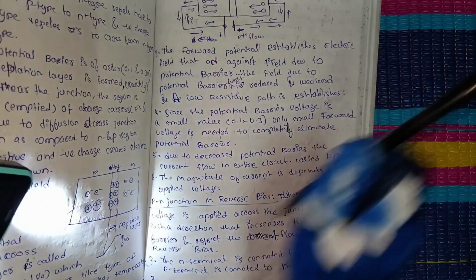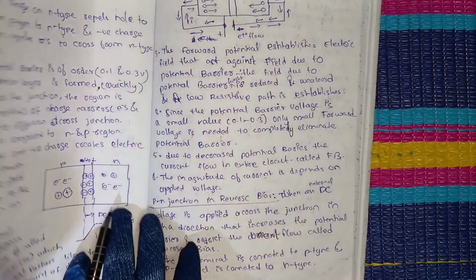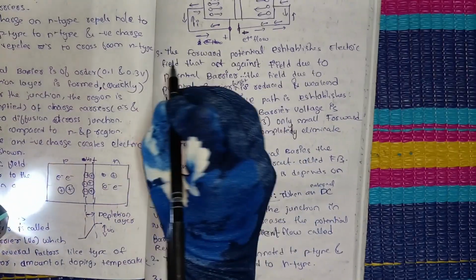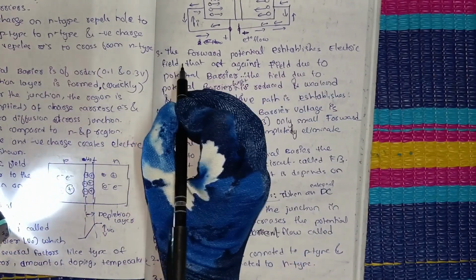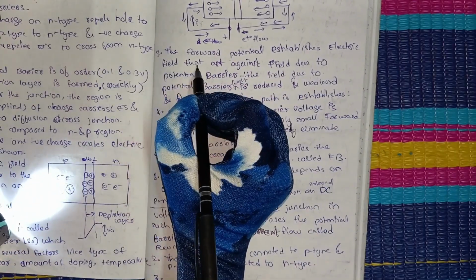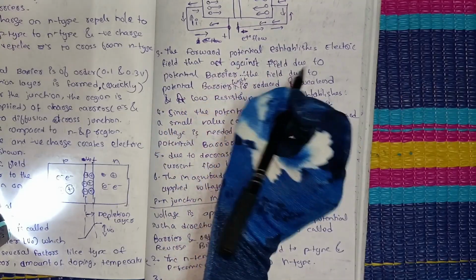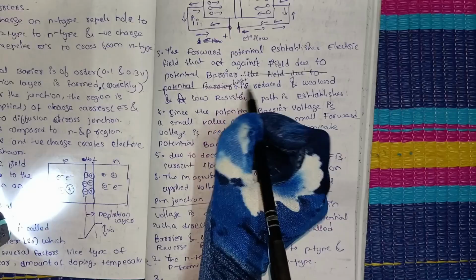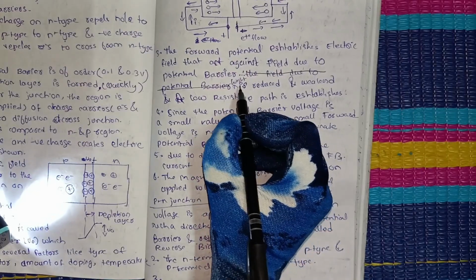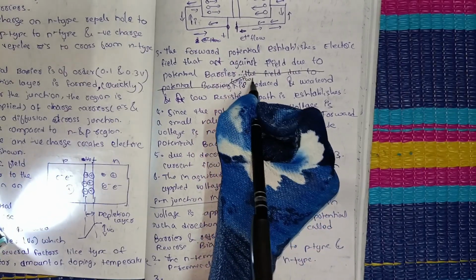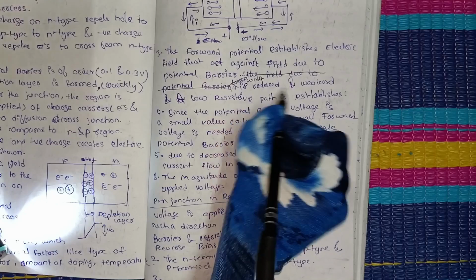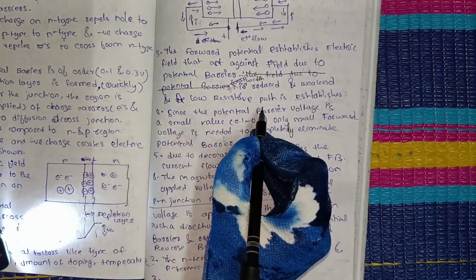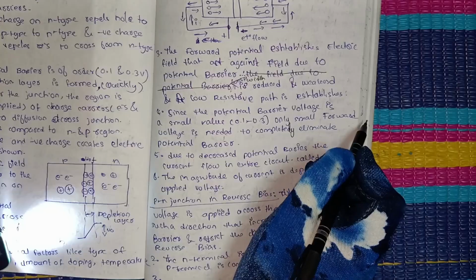So the barrier width is reduced and weakened, and a low resistive path is established.